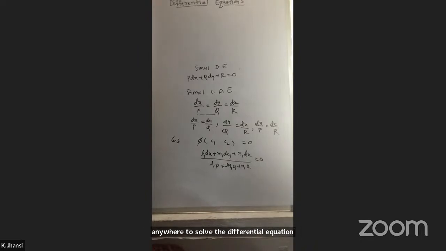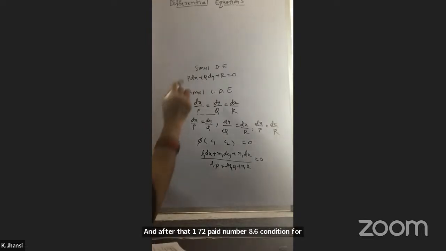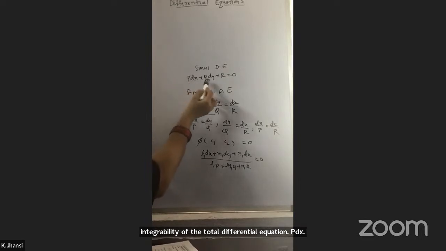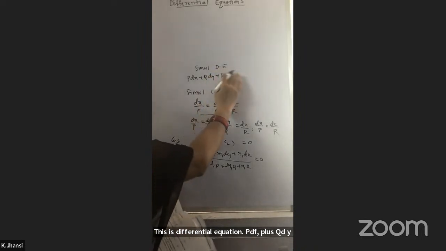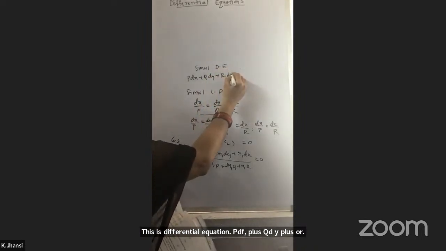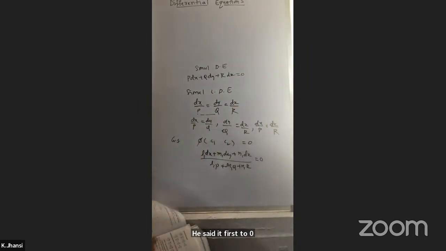And after that, on page number 172, 8.6, the condition for integrability of the total differential equation. The differential equation P dx plus Q dy plus R dz equals 0. For such type of differential equation, one condition will be there.